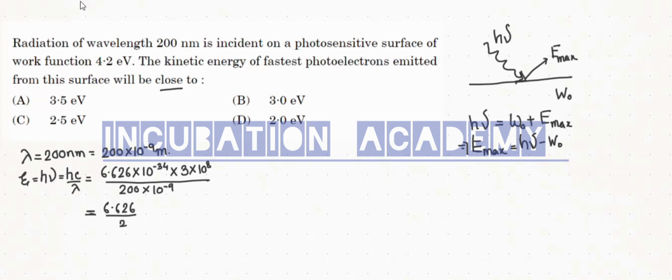Now calculating the powers: 10 to the power minus 34 plus 8; 10 to the power minus 9 is in the denominator, so it goes up and becomes plus 9. Then 200 has 10 to the power 2, which also goes up in the numerator.